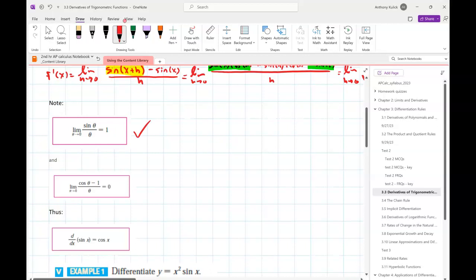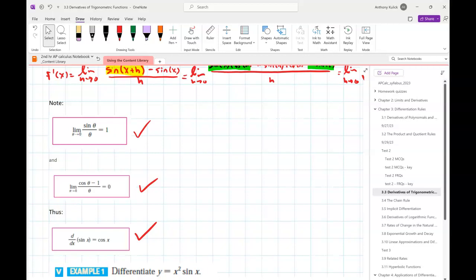All right. So we did the proof there. We proved that. We took the limit as theta approaches 0 of sine theta over theta to be 1 from 2.2.